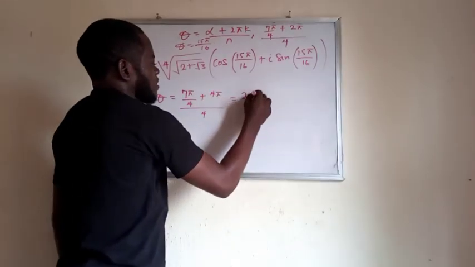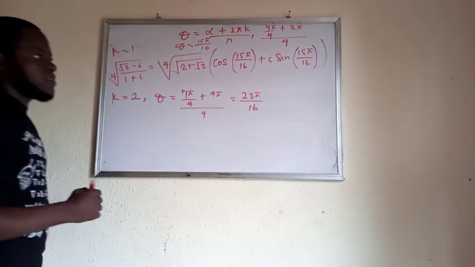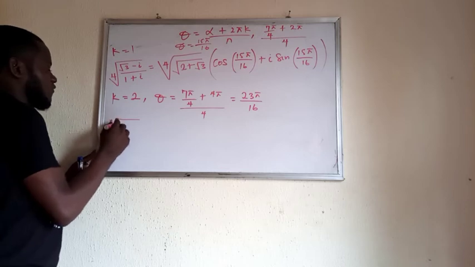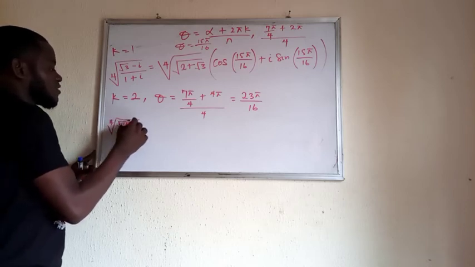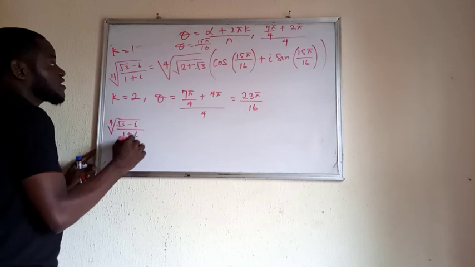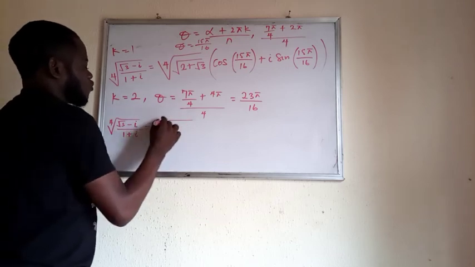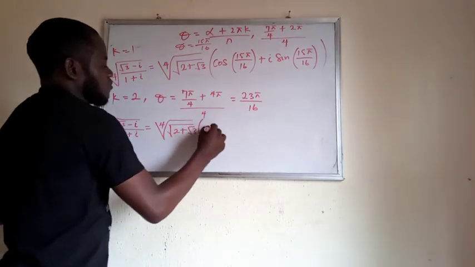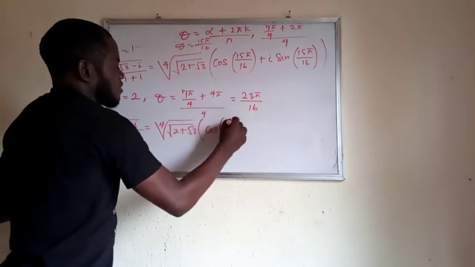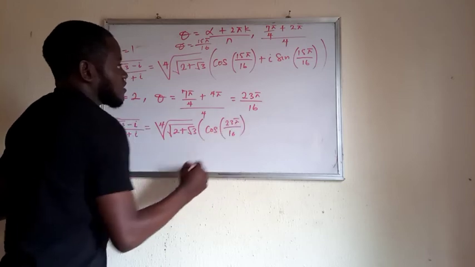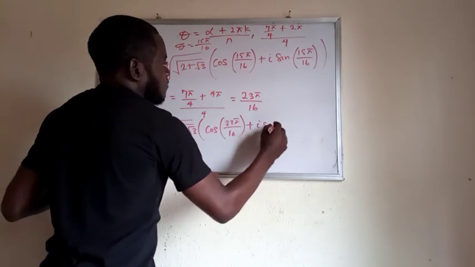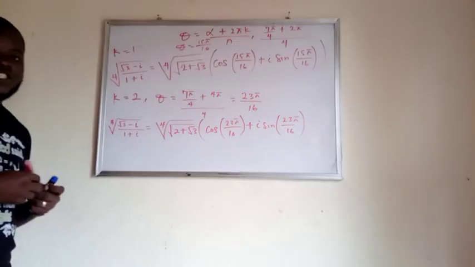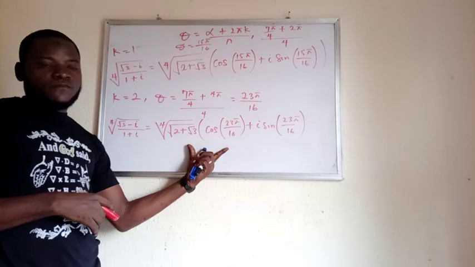So I will have 23 pi over 16. So the third root will now be the fourth root of root 3 minus I divided by 1 plus I equal the fourth root of the square root of 2 plus root 3 into cos of 23 pi over 16 plus I sine 23 pi over 16. So this gives us the third root.